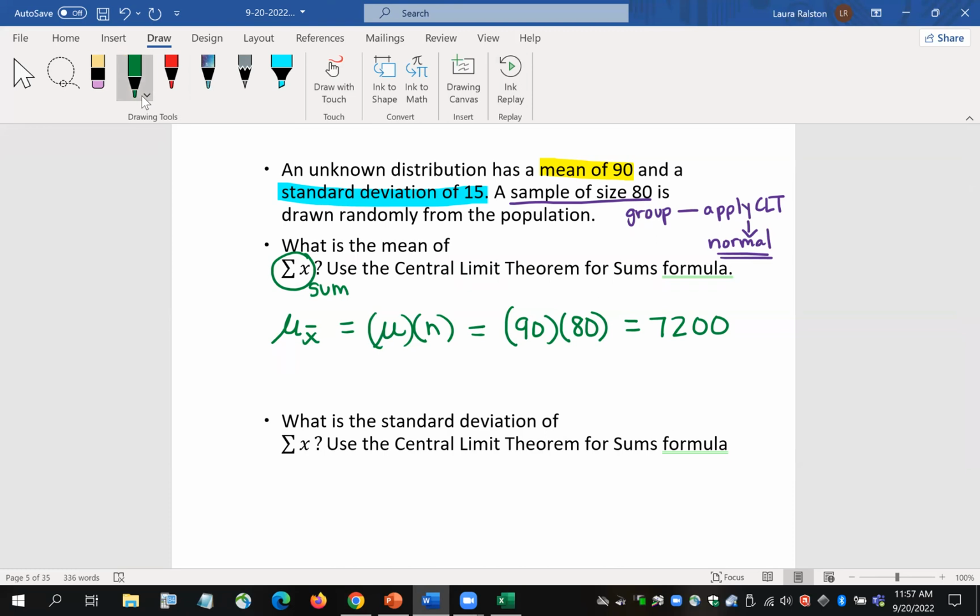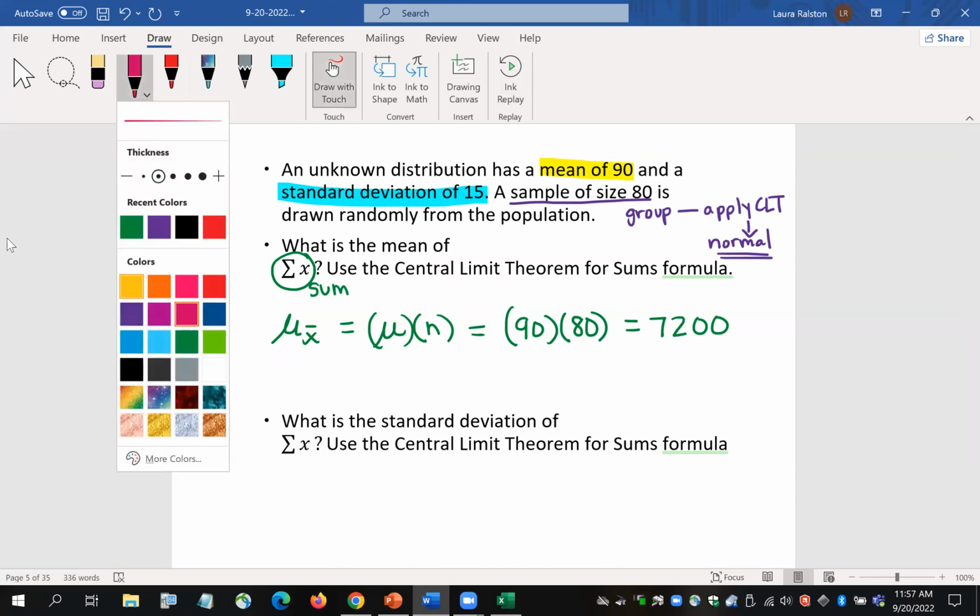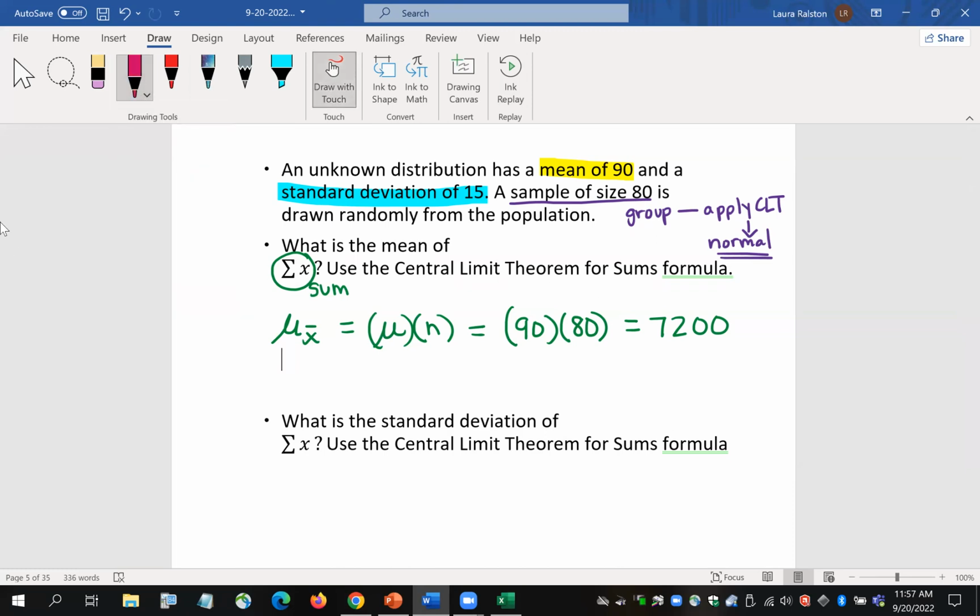And again, it emphasizes use the central limit theorem for sums formula. So that formula is the standard deviation for the sum is the original standard deviation times the square root of n. So the original standard deviation is given as 15 times the square root of 80.